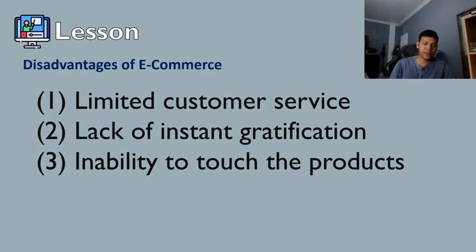That's why we also have sayings like expectations versus reality. We see nice pictures of the said products, but when we receive them, they are different from the pictures. So that is the disadvantage: there's an inability to touch the product.